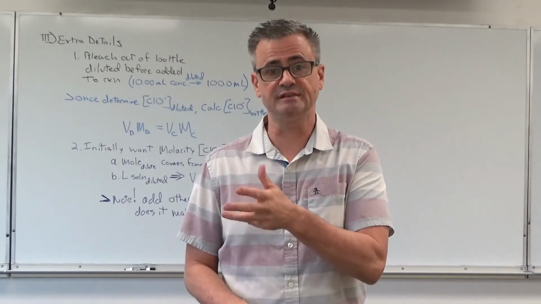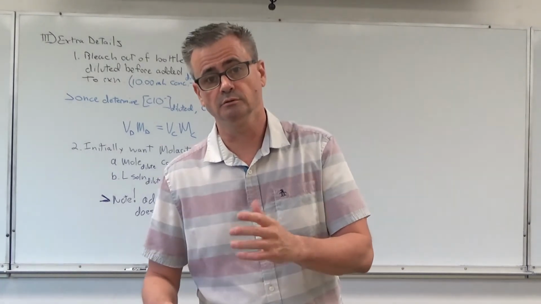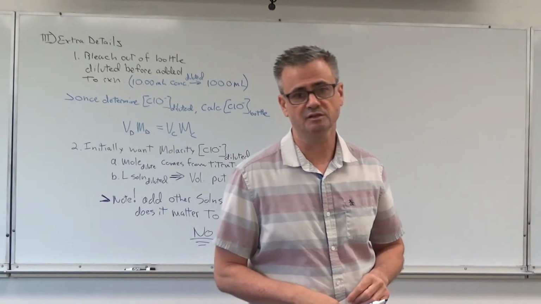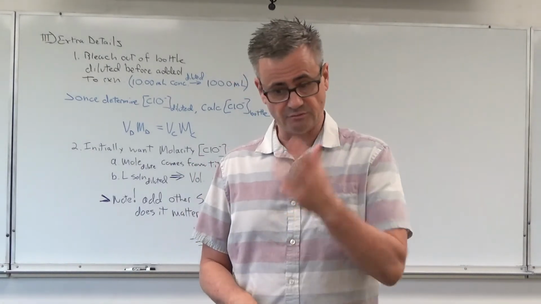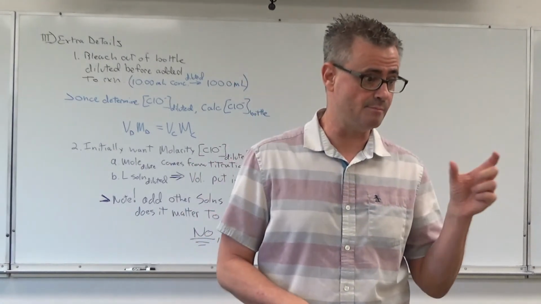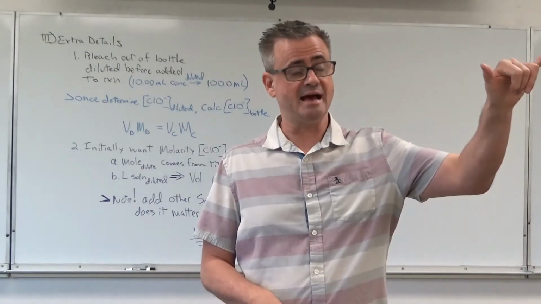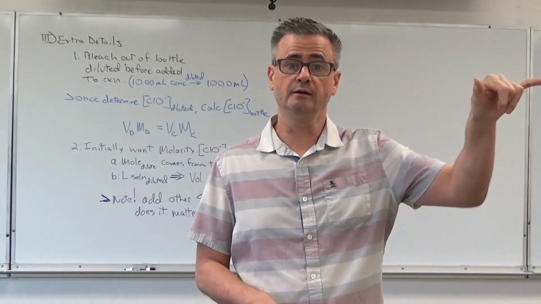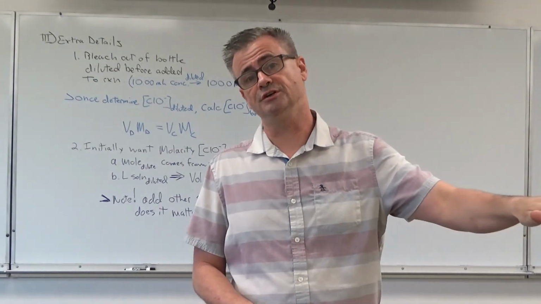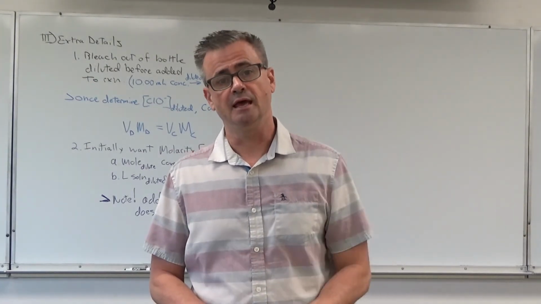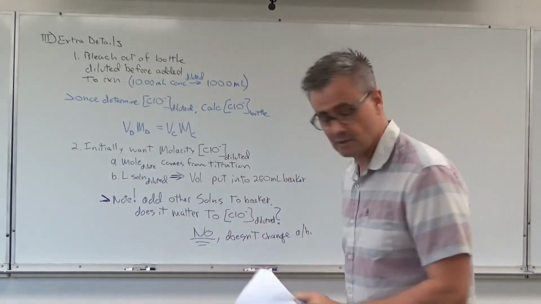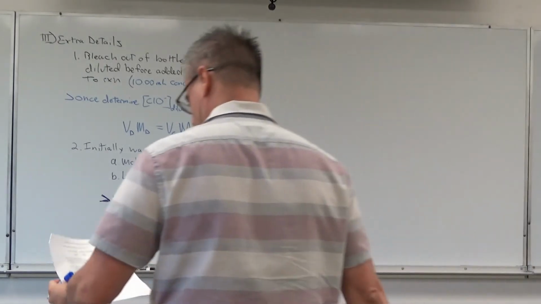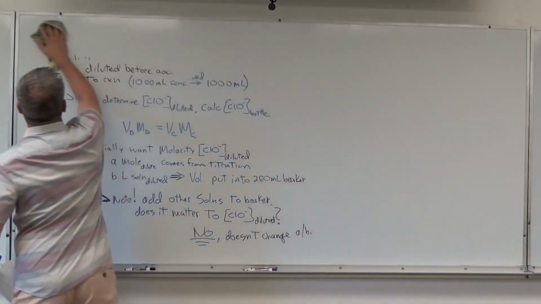It has a very specific mass per liter or per milliliter, a very specific density, and that'll give us the mass of the solution. The mass of the solute is our numerator, the mass of the solution is our denominator, times 100, and you have mass percent. Let me put that on the board real quick. You're all done.